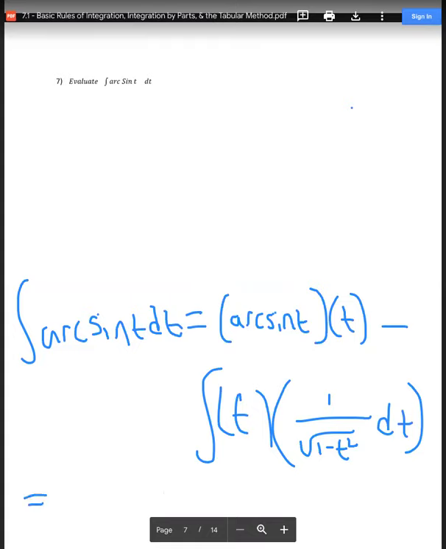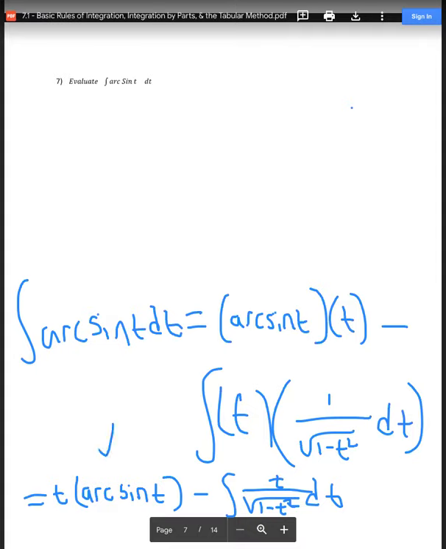It's t times arcsine of t, and this integral is t over the square root of 1 minus t squared dt. So this term, we're good. We don't have to do anything with it. It's t times arcsine of t. But we have to integrate this, and that's going to be how we get our answer.